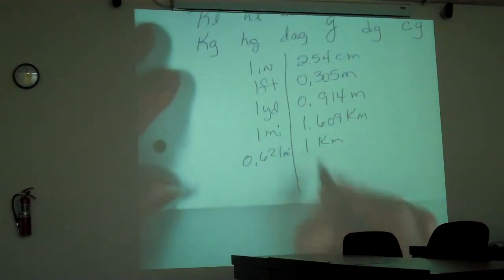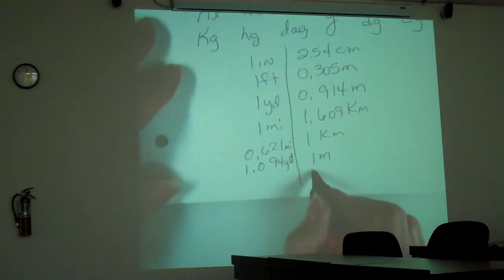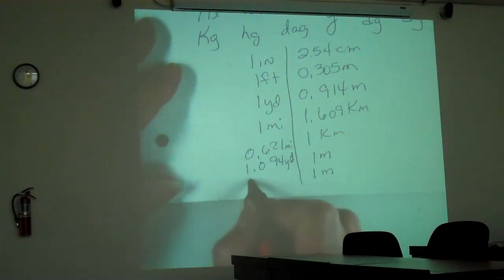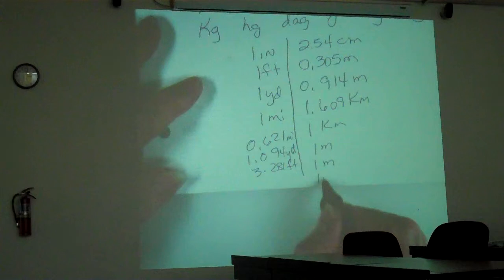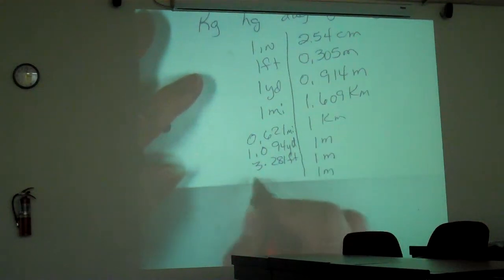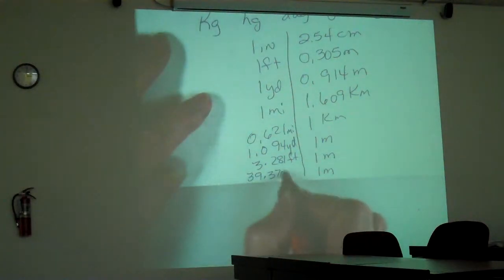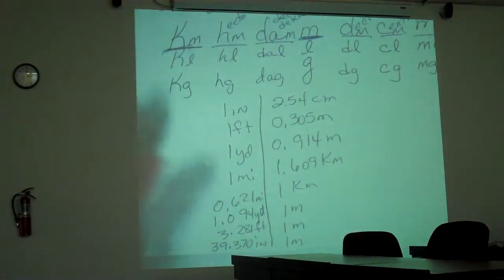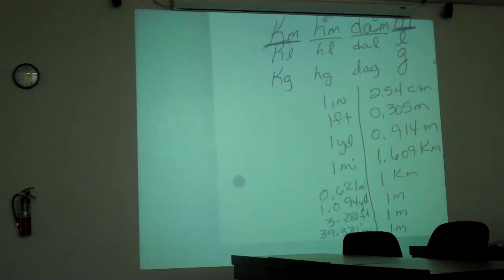We're getting to the ones here now. 1 meter, 1.094 yards. 1 meter, 3.281 feet. 1 meter, 39.370 inches. Okay, so we'll have that while we're working. We'll put it off to the side over here.